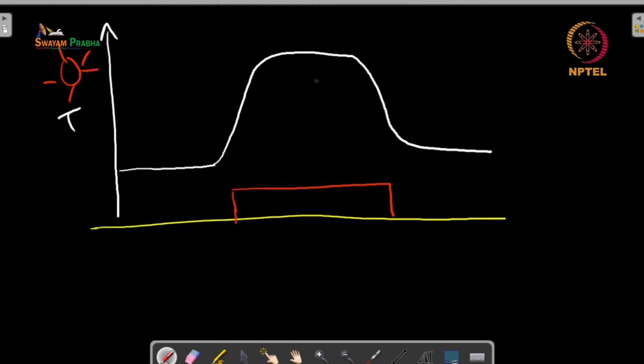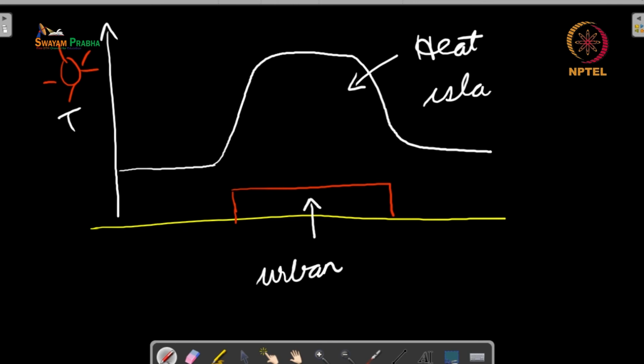So this now looks like an island on a temperature chart. So this is an urban heat island. Urban because it is being created through urbanization. Heat because the temperatures are high. And island because this is an anomaly of high temperature that is surrounded by areas that are having a lesser temperature.